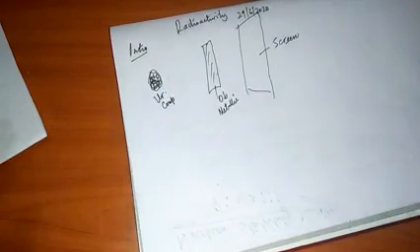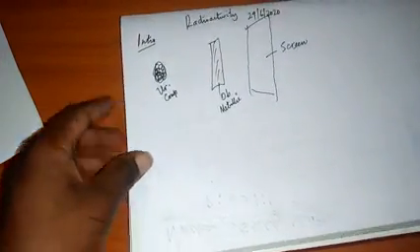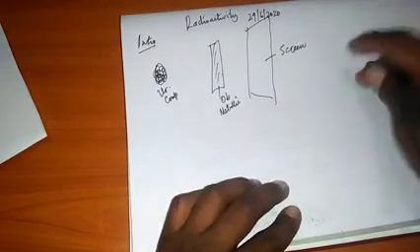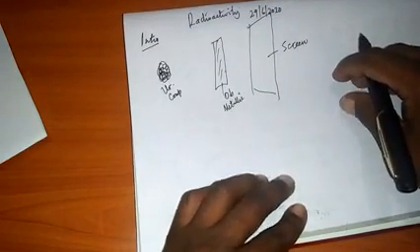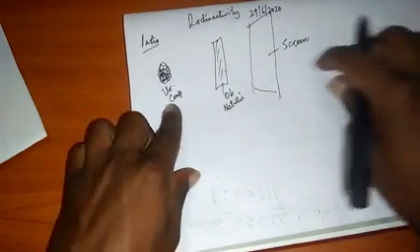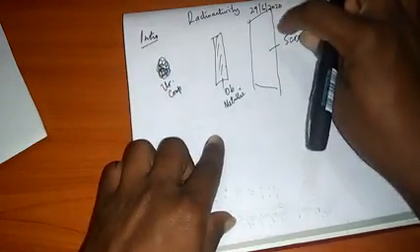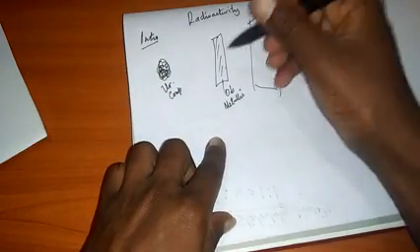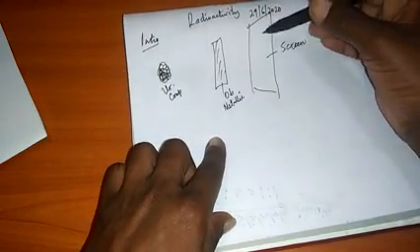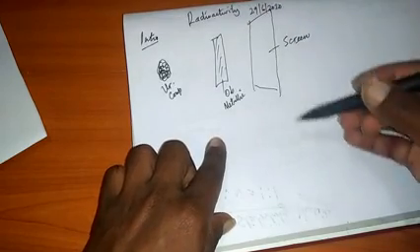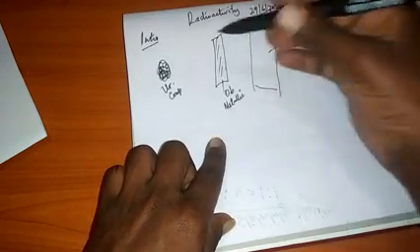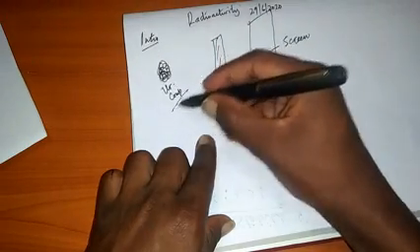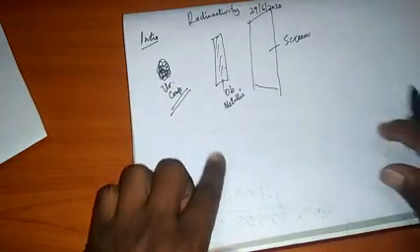This experiment was first undertaken by Henry Becquerel, a French scientist. He realized that an image of this object is going to be formed on the screen, and this shows that uranium produced radiations.